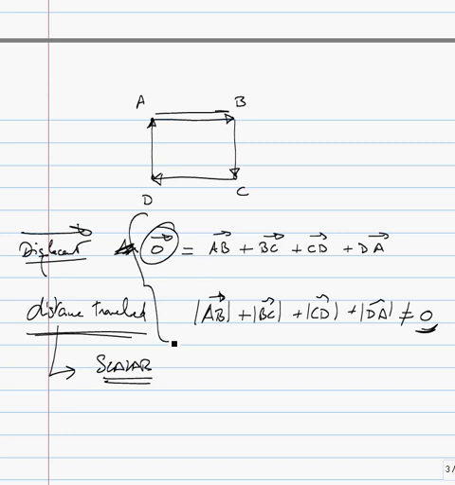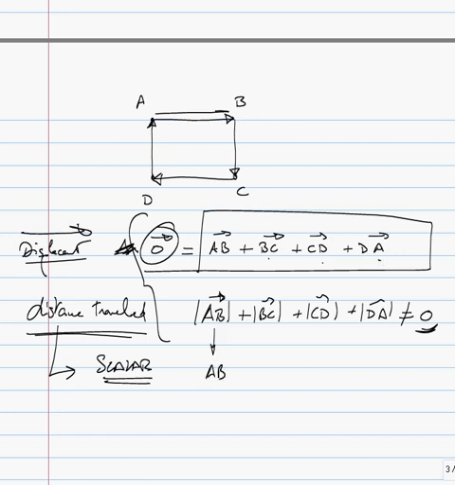So that's when the notation becomes very handy, because this is a vector equation. This vector plus this vector plus this vector plus this vector give us 0, while you can rewrite this as magnitude, this scalar plus this scalar plus this scalar plus this scalar is not equal to 0.